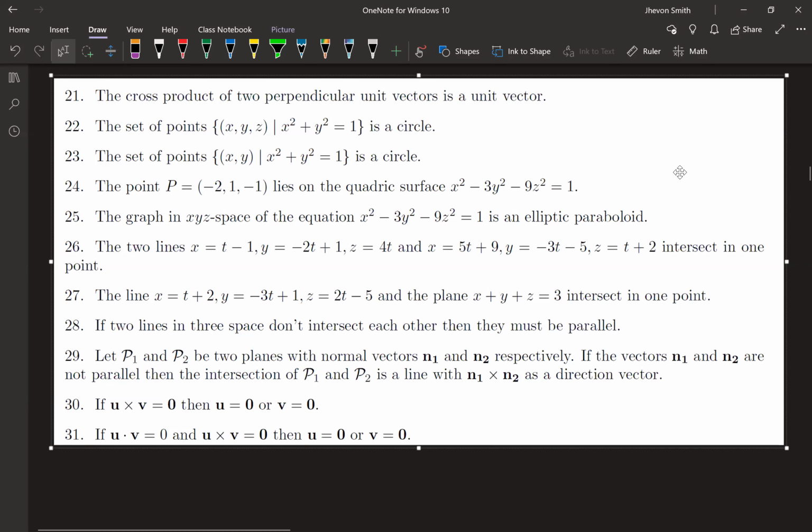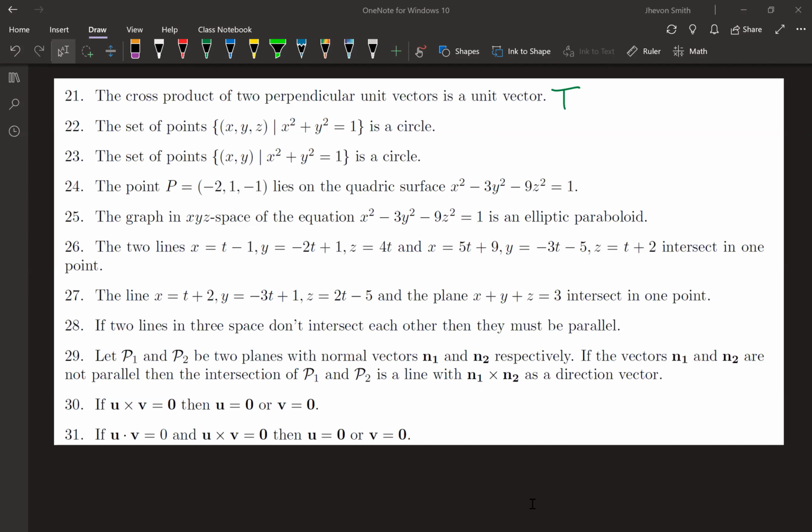All right, now this one. Now the last question showed that we can cross product 2 unit vectors and get 0, which is not a unit vector. So you might think that this would be false based on that. However, it is true. 77% thought of that. And now, why is it true? Remember, the magnitude of a cross product is the area of the parallelogram formed by the 2 vectors. If the vectors are perpendicular, the parallelogram they form is a square.